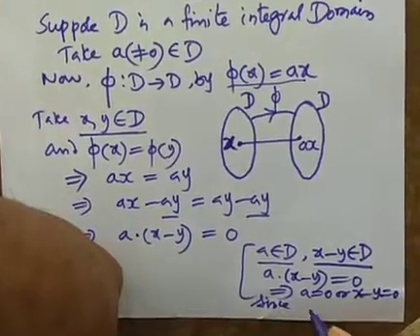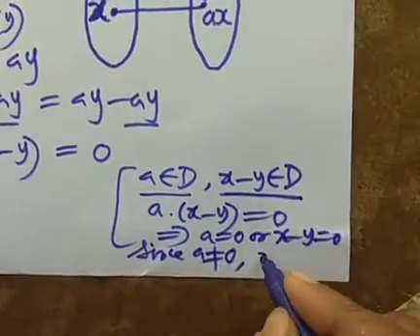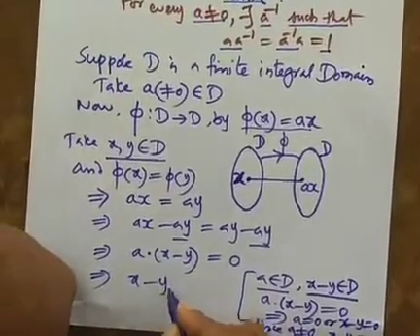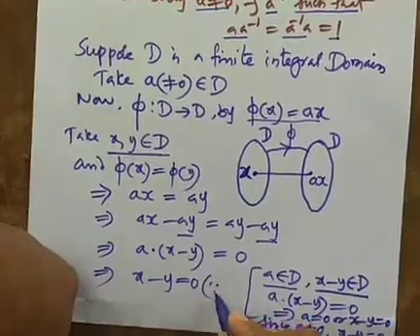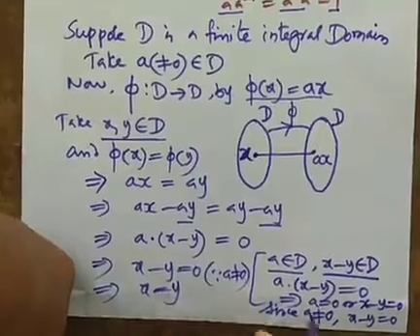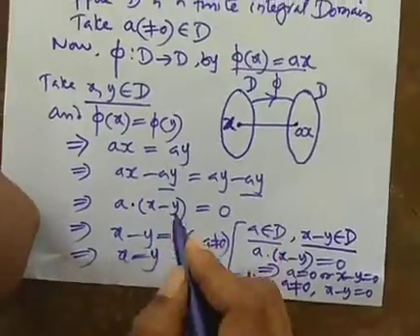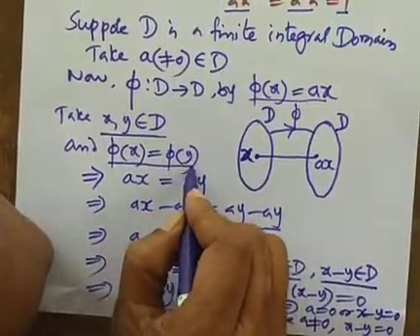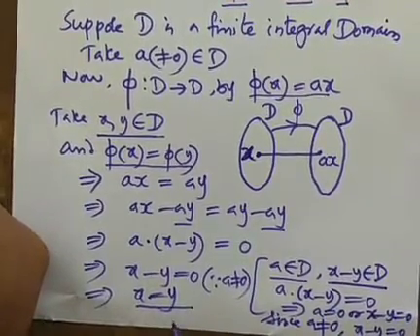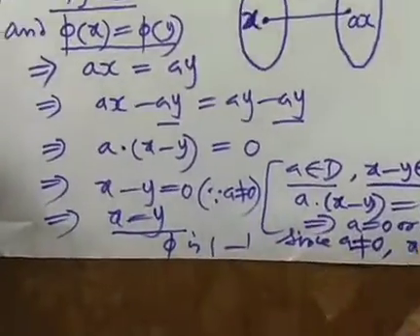But since a is not equal to 0, we must have x minus y = 0. This implies x = y. Therefore, we started with pi of x = pi of y, and with logical steps we reached x = y. Therefore pi is a one-to-one function.